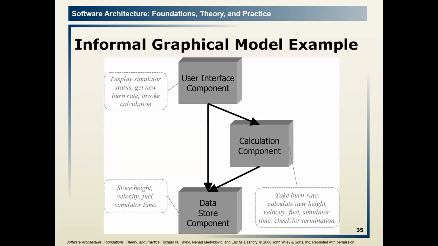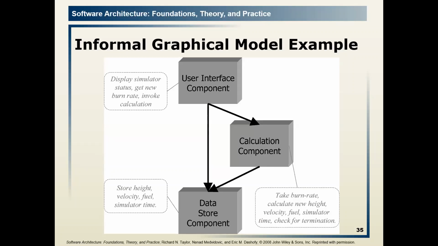So the informal graphical models, for example, you can draw a diagram like this. Take the PowerPoint tools and take some cubes, like 3 cubes and the arrows, and just show your diagram. So this is a representation. It gives you the basic idea about your architecture.